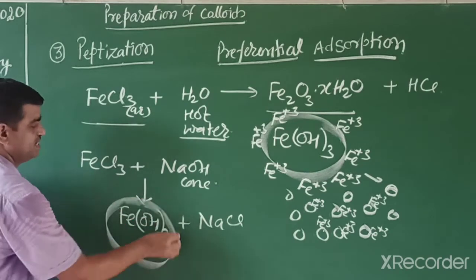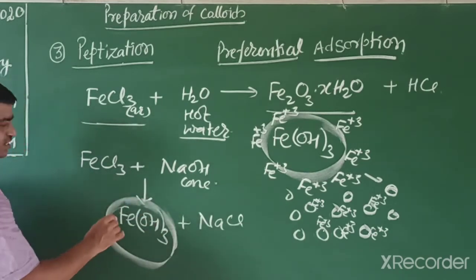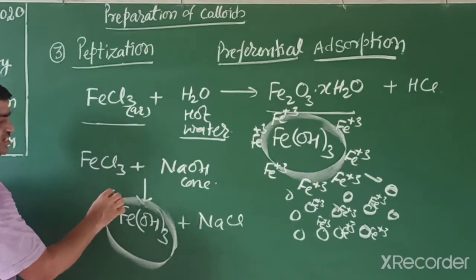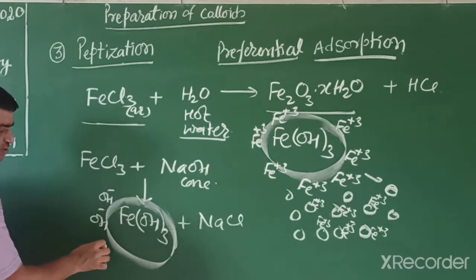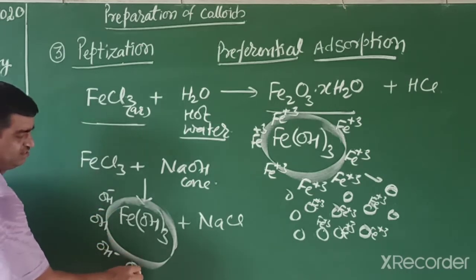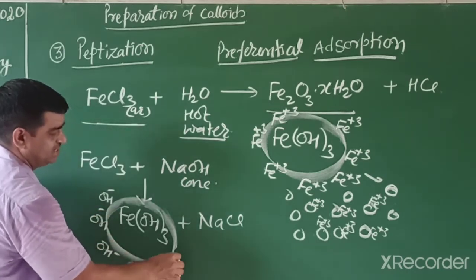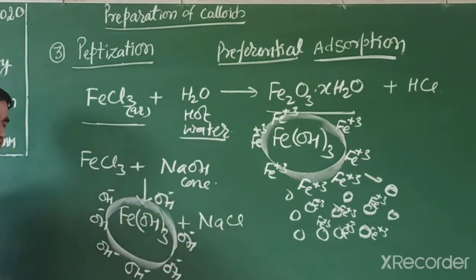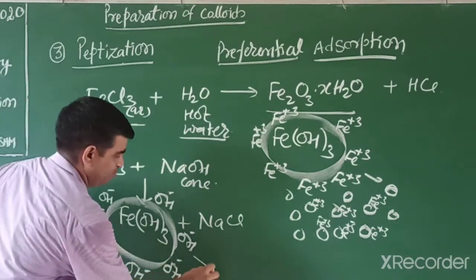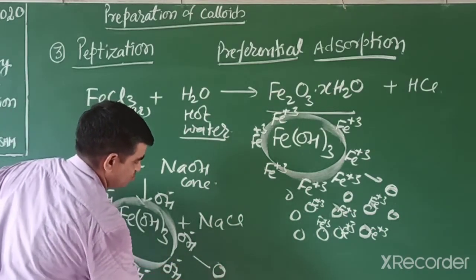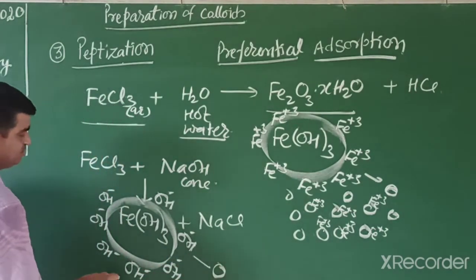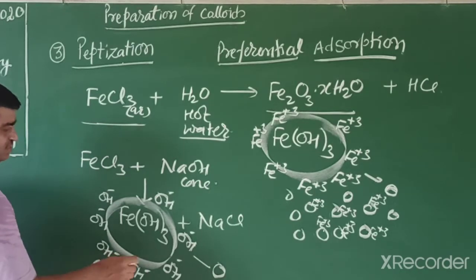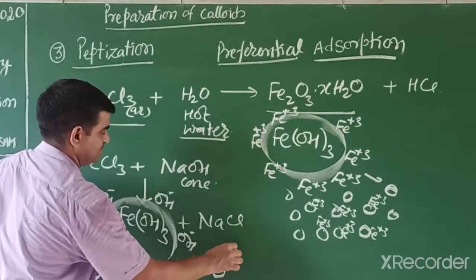This precipitate is a larger molecule. In this, the hydroxide ion is adsorbed. Which ion is adsorbed? Hydroxide. So this one is negatively charged. Again, the large precipitate molecule dissociates into small atoms, so it reaches the colloidal range, but it is negatively charged.